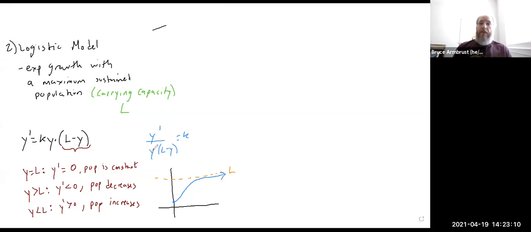All right, so that's the logistic model. Now, this is still a simplification of populations. So if you wanted to get really crazy, I don't know that there's a name here, but we could also add in a threshold. And what I mean by that is this is the minimum needed to propagate the species.